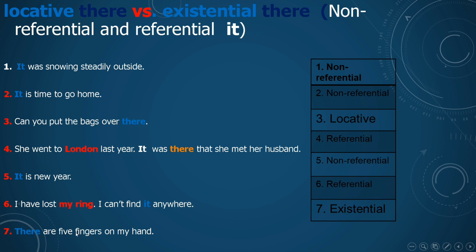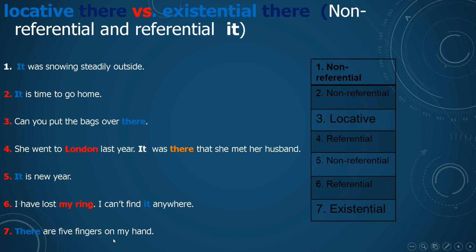Number 7, there are 5 fingers on my hand. Just like the previous example of lions in the cage, this there is only concerned with existence. I have 5 fingers on my hand.